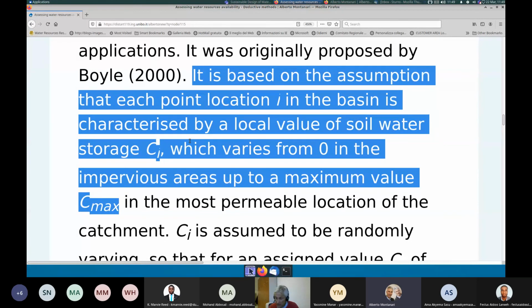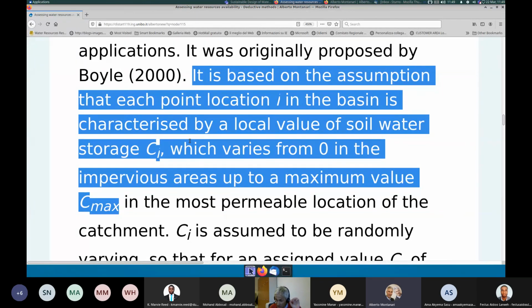And this varies. It's not constant over the basin. It's not homogeneous. Over a basin, usually you have places where, as soon as it starts raining, you see some water in the river, if the basin is impervious. Think about the roof of a house.